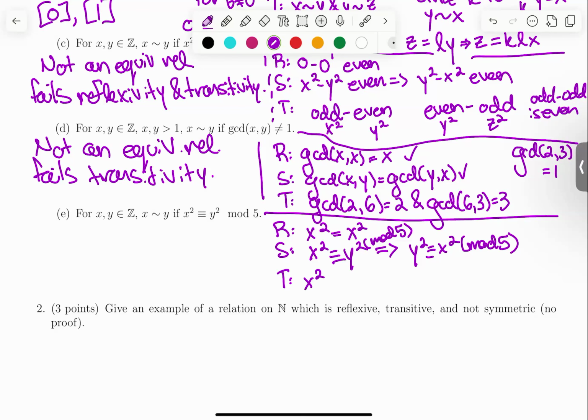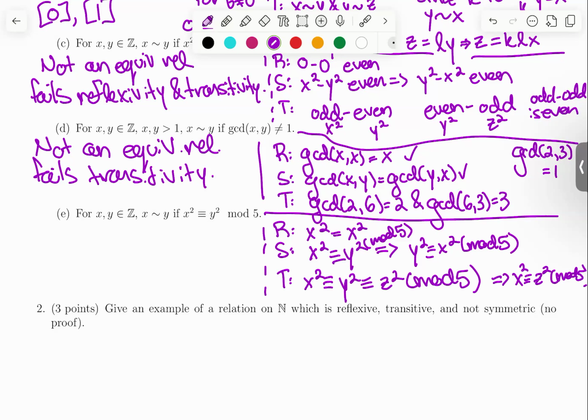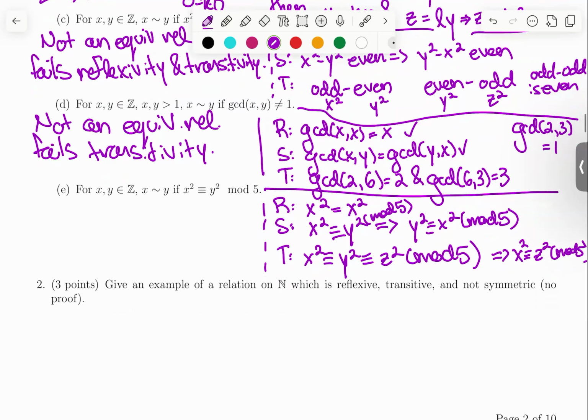Anyway, so if x squared is equivalent to y squared, is equivalent to z squared mod 5, then x squared is equivalent to z squared mod 5. Again, this is not a proof whatsoever. This is just sort of the idea of what's going on. So yes, an equivalence relation.